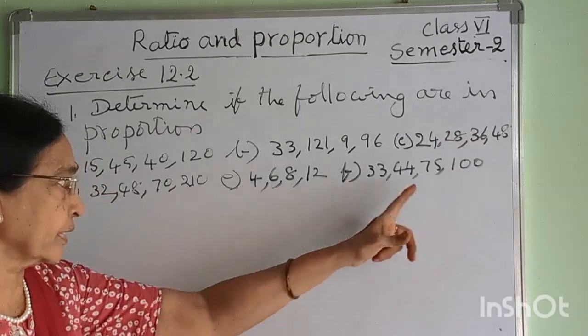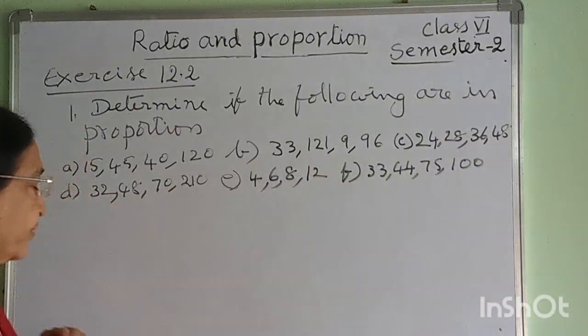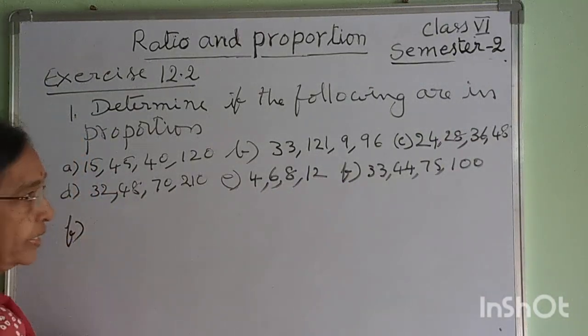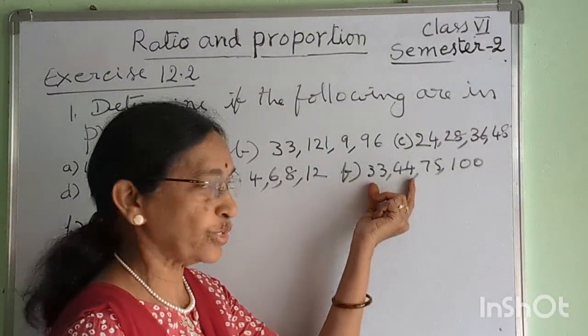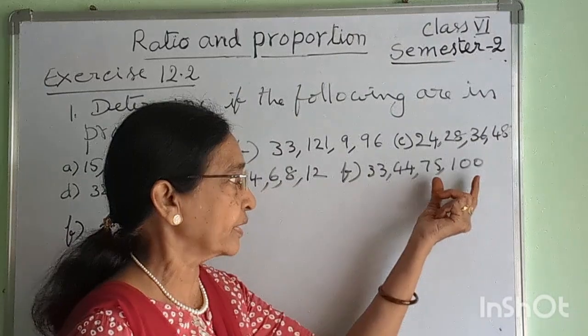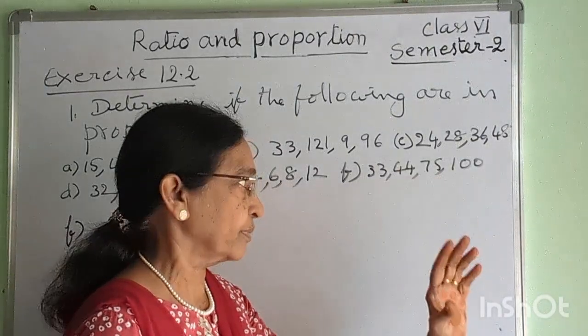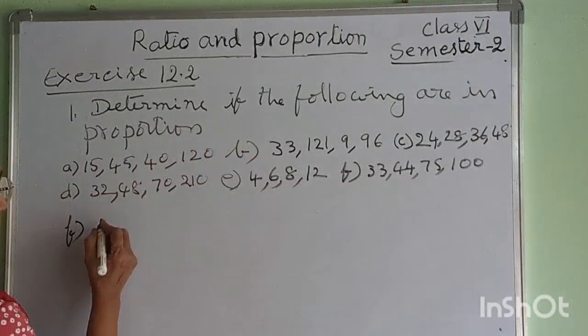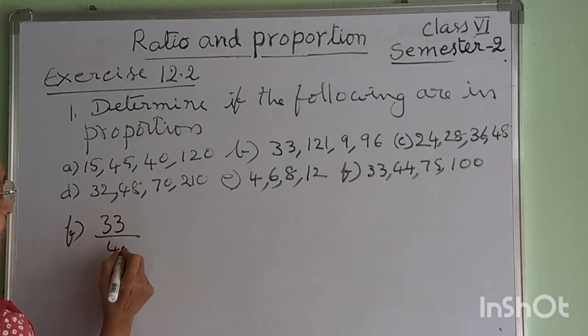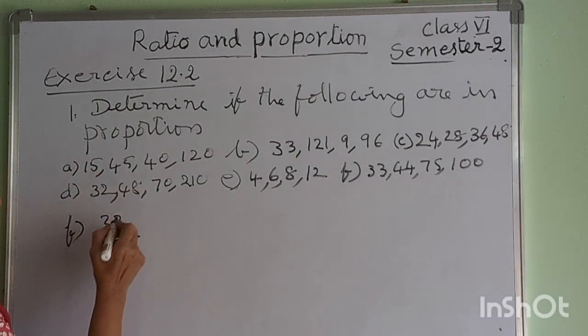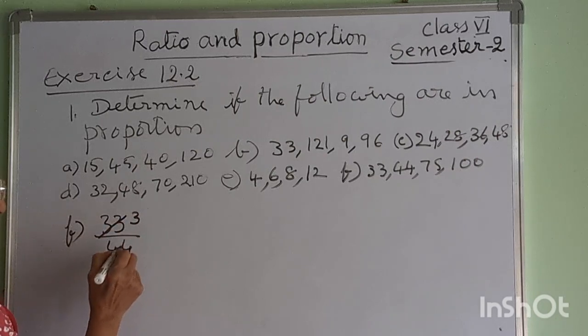So I will take the last 2. First F. If we take 33, 44, 75, 100, the ratio of the first 2 terms and the ratio of the last 2 terms must be equal. So we will first find the ratio of the first 2 terms. 33 by 44. Both are divisible by 11. 11 3s, 11 4s.